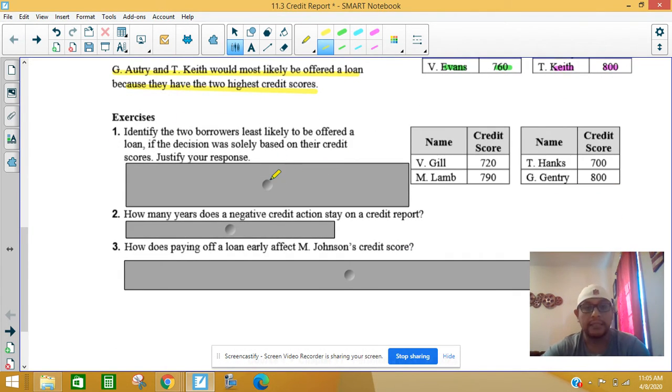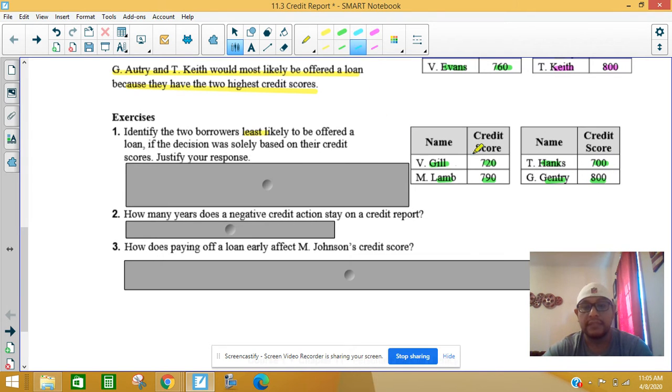This is our exercise, and it says identify the two borrowers least likely, important, to be offered a loan if the decision was solely based on their credit scores. Justify your answer. So once again, if we look at their scores, Gil 720, Lamb 790, Hanks 700, and Gentry 800.